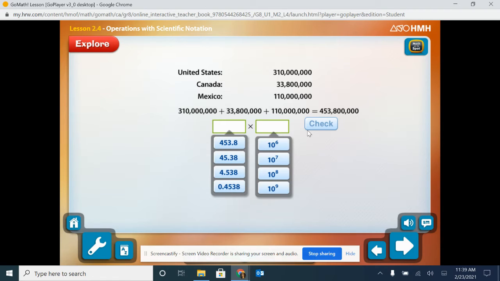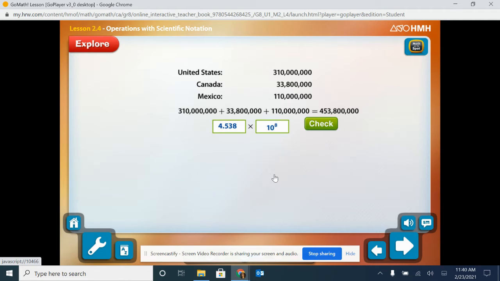Finally, write the answer in scientific notation. So when I'm looking for scientific notation, remember that the coefficient has to be either 1 or less than 10. So between 1 and 10. So the only number right here that is between those two numbers is 4.538. Now I got to count, well, how many numbers are after that 4, after that decimal? So it's going to be 1, 2, 3, 4, 5, 6, 7, 8.